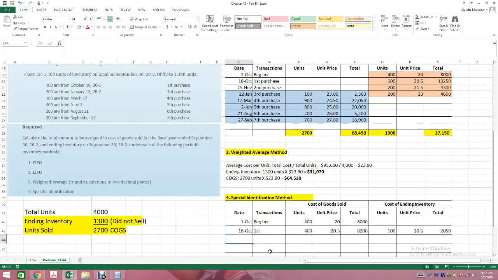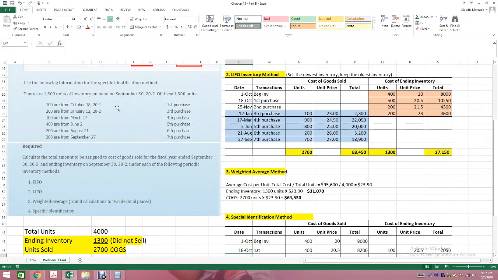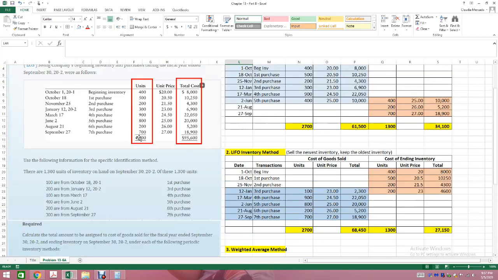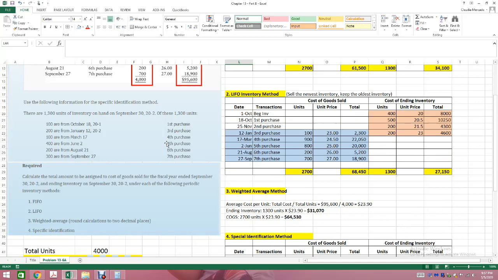Okay? So now let's look at the second purchase. The second purchase was not included here. So what does that mean? If the second purchase was not included in this list for the specific identification method, it means that the second purchase was all sold. You sold everything on your second purchase. So let's look at our second purchase that happened on November the 25th.